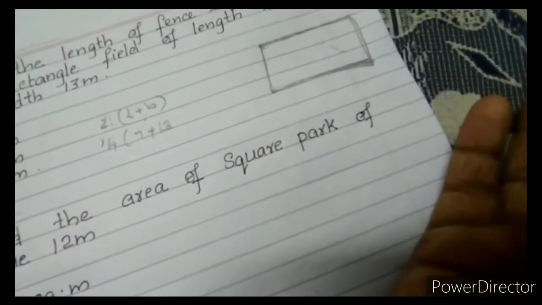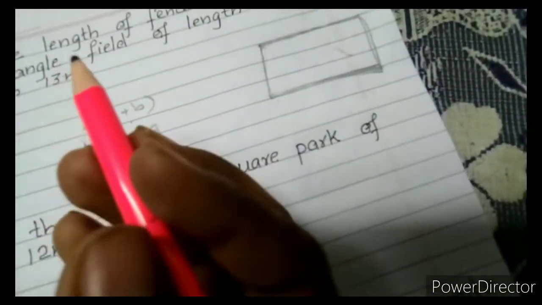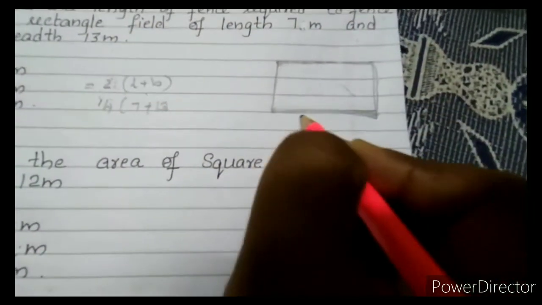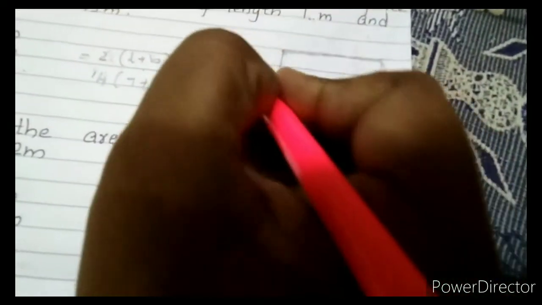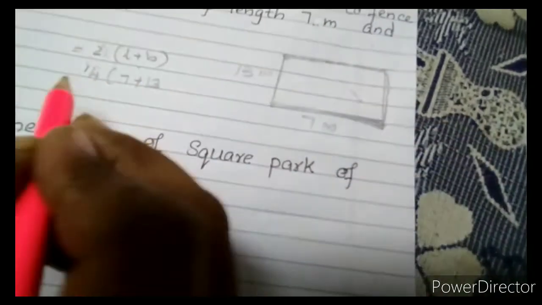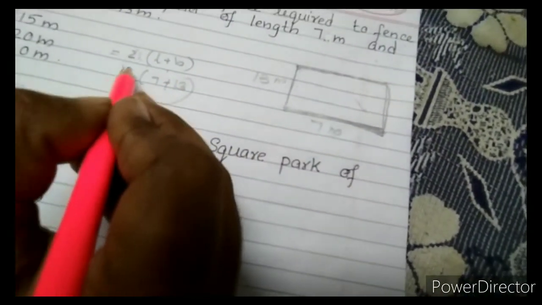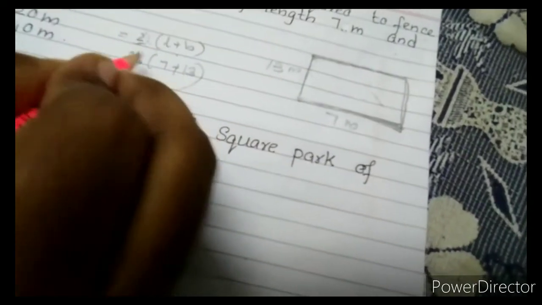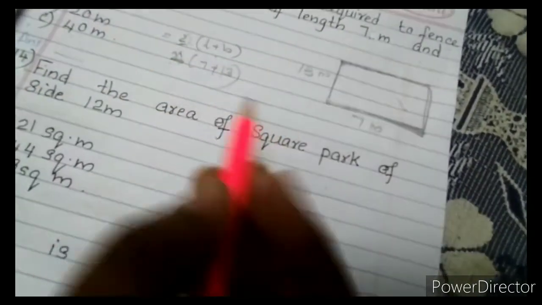Length of the boundary is perimeter. The perimeter of rectangle is equal to 2 into L plus B. Length is 7 meter and breadth is 13 meter. So it is 2 into 7 plus 13.